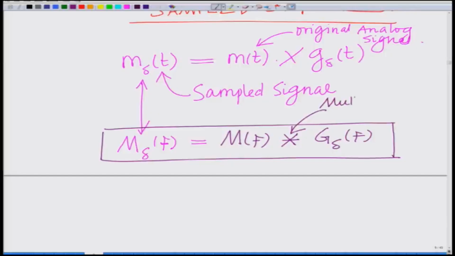So, multiplication in time becomes convolution in the frequency domain.